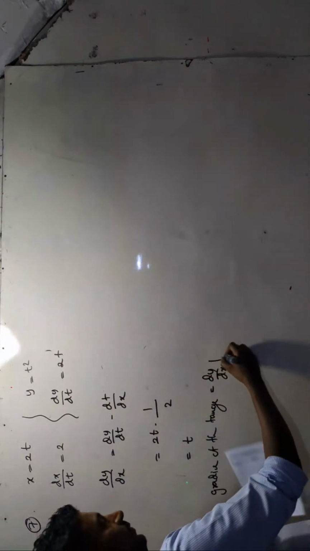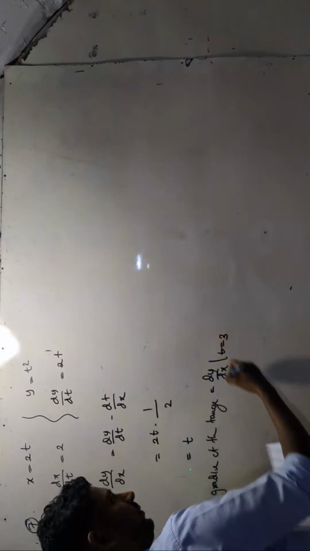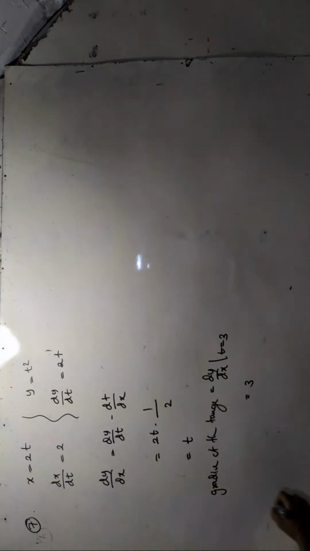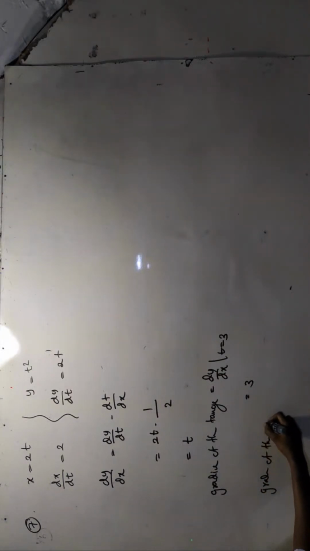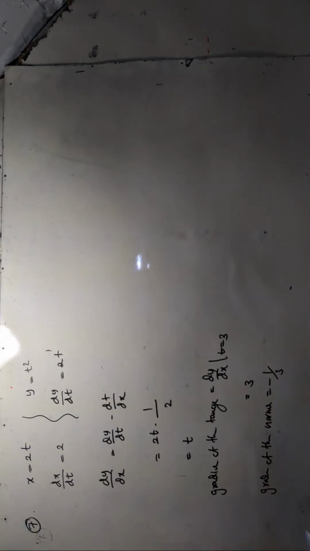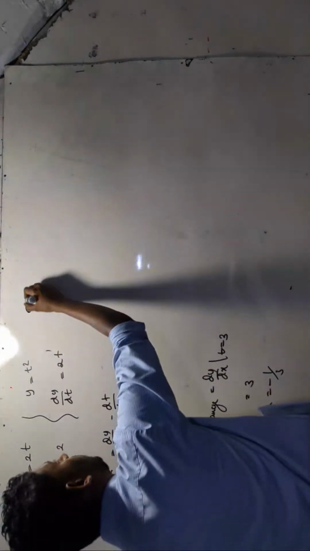The t value is given, t is equal to 3. So that means just 3, easy. Right. So the gradient of the normal is equal to minus 1/3.